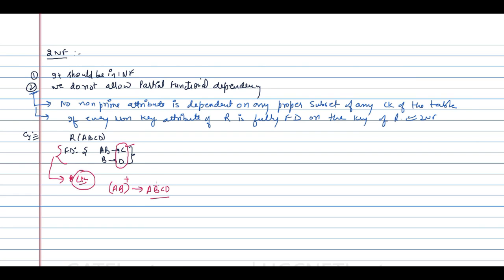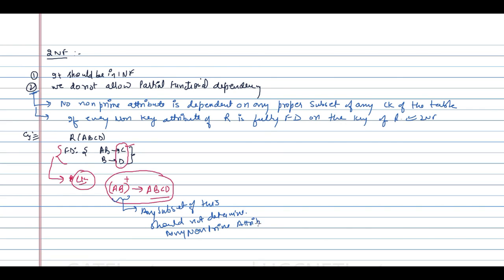But when I say the relation should be in 2NF, that means no subset of this key should determine any non-prime attribute.